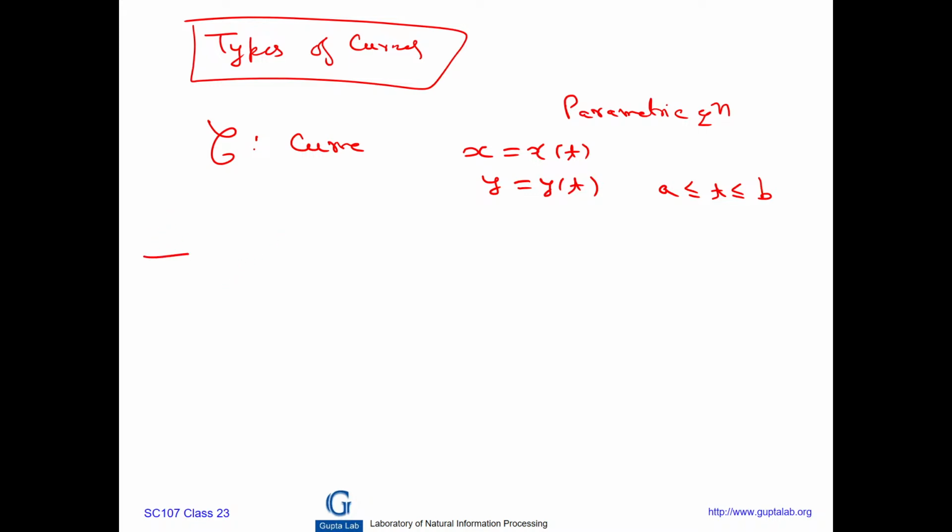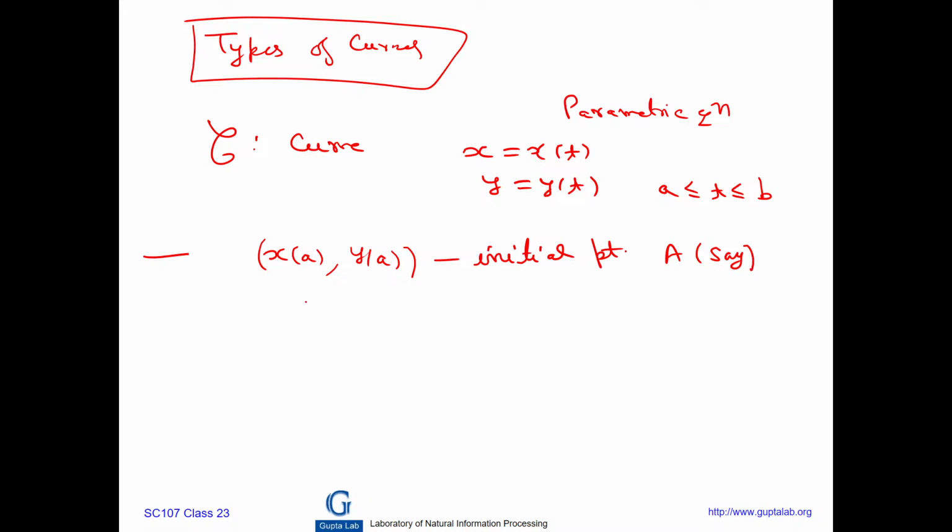So now, in this curve, suppose we have a parametric equation. Now what we can do is take x of a, y of a, that is the initial point. Call it A, capital A, the initial point of the curve when we take t is equal to a.